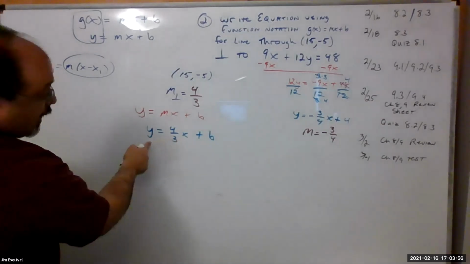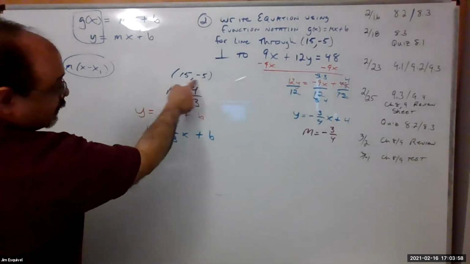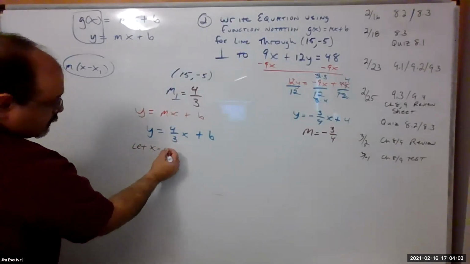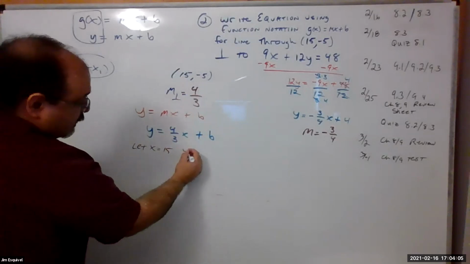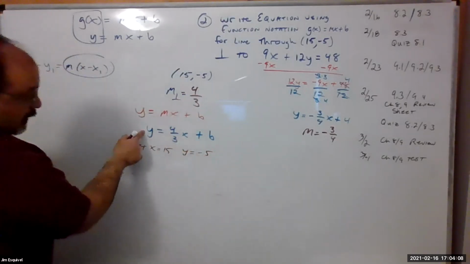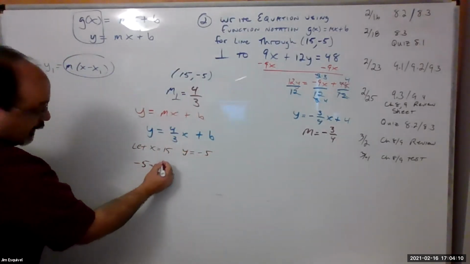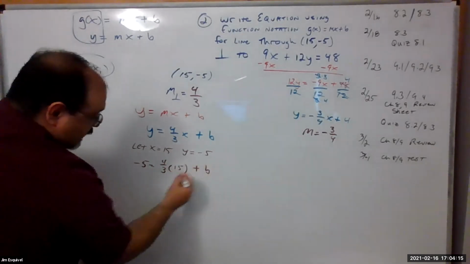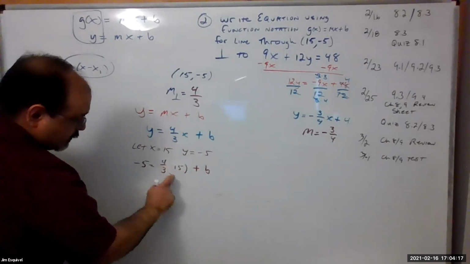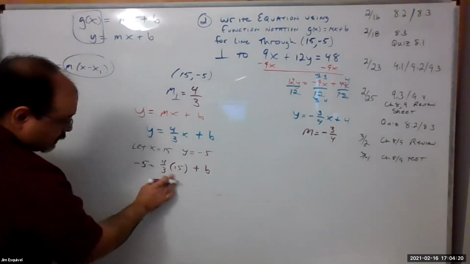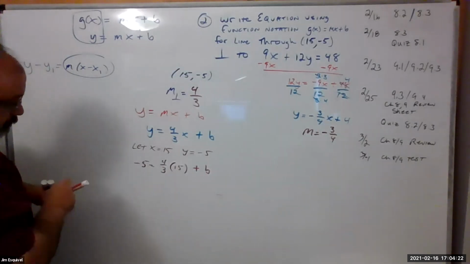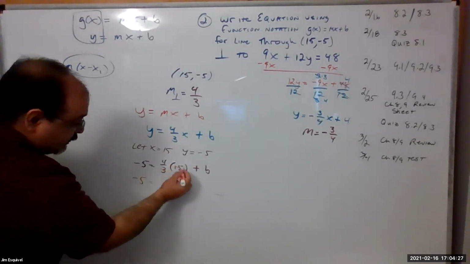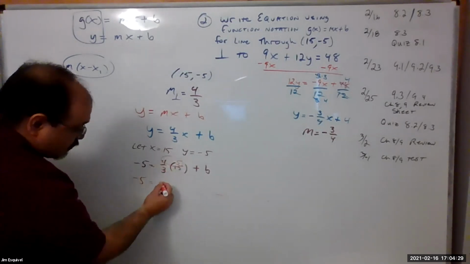I need an x and a y so I can solve for b. This is the only x and y I have. x is 15. y equals negative 5. So negative 5 equals 4/3 times 15 plus b. 3 goes into 15 5 times. 4 times 5 is 20.